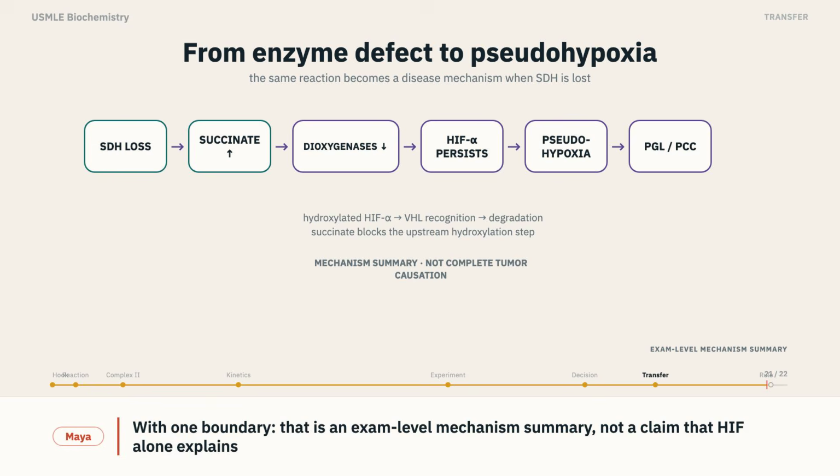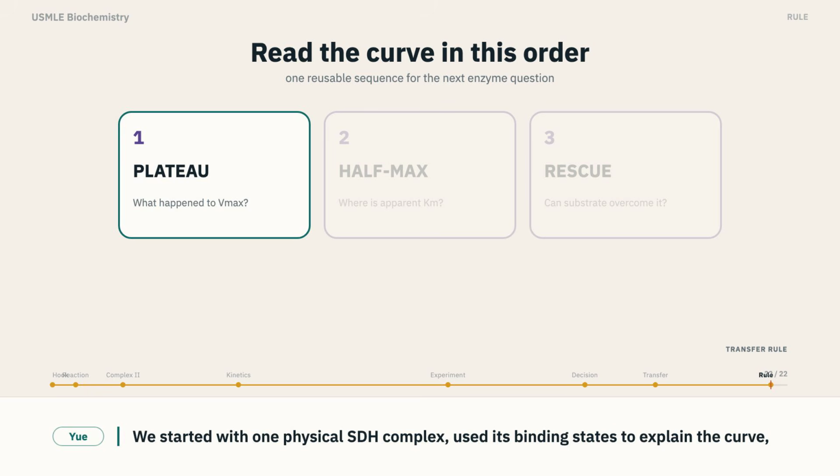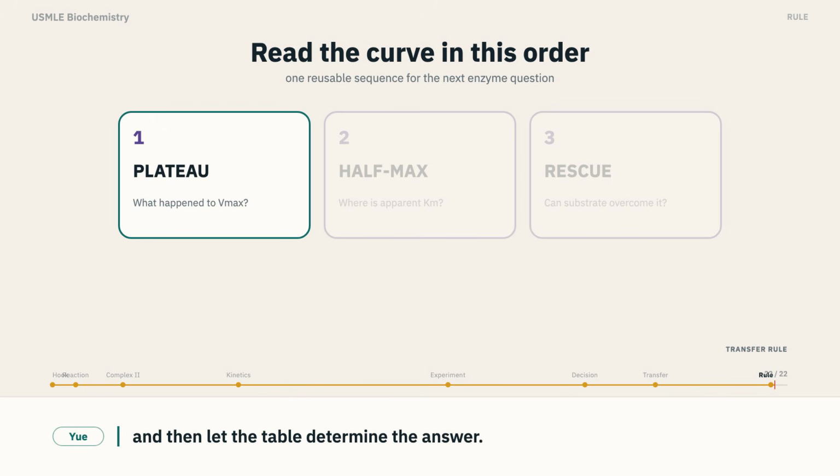With one boundary, that is an exam-level mechanism summary, not a claim that HIF alone explains every feature of SDHx-associated tumor biology. We started with one physical SDH complex, used its binding states to explain the curve, and then let the table determine the answer.